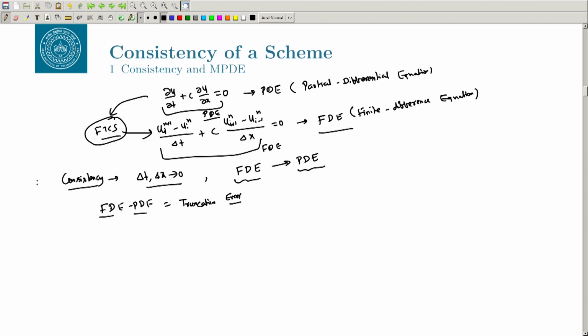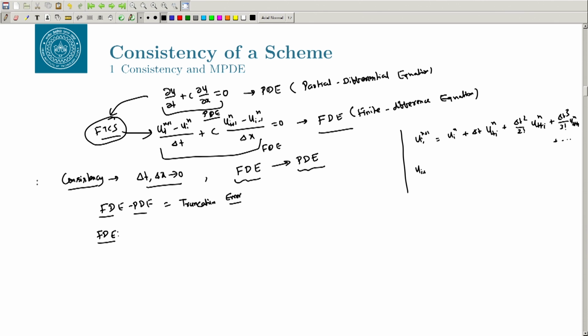So, let's look at the FDE. Okay. Remember our Taylor series expansions: u_i^(n+1) is equal to u_i^n plus delta t u_t at i n plus delta t squared by factorial 2 u_tt at i n plus delta t cubed by factorial 3 u_ttt at i n plus all higher order terms, where u_t represents the derivative with respect to time.